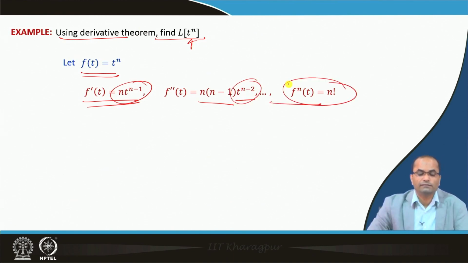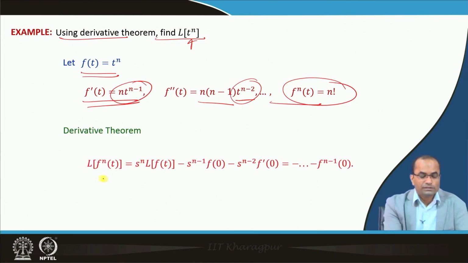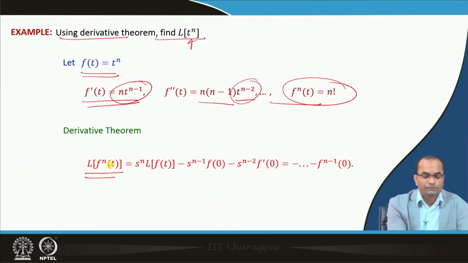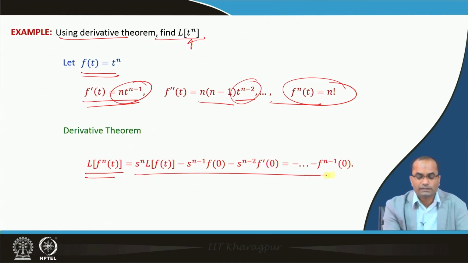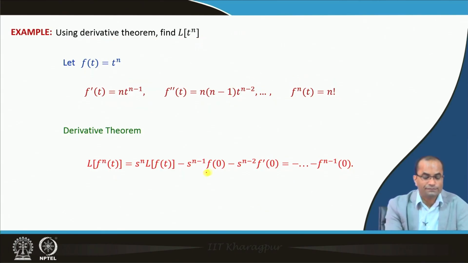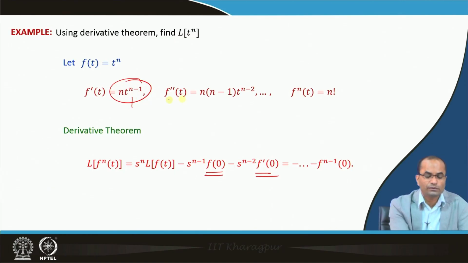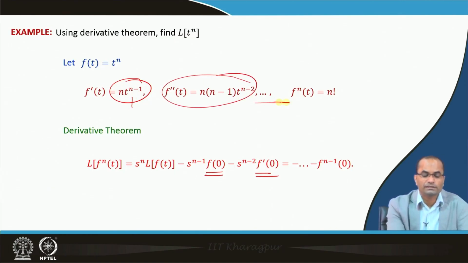The nth derivative will have just factorial n. And if we use the derivative theorem for the Laplace of the nth order derivative given by this one, what is interesting here is that f 0 is 0, f prime at 0 is also 0, and so on. So all these derivatives up to n minus 1 will become 0.